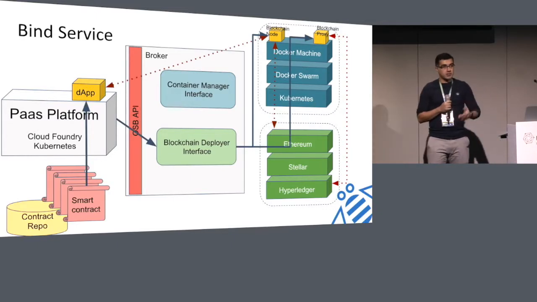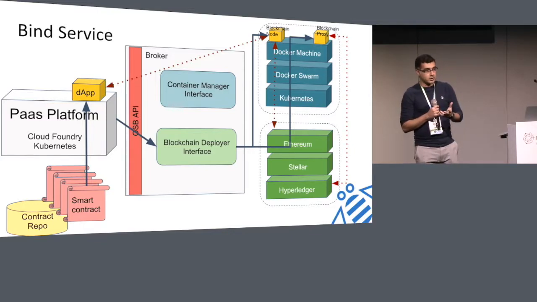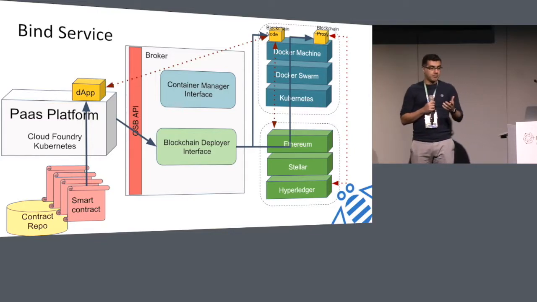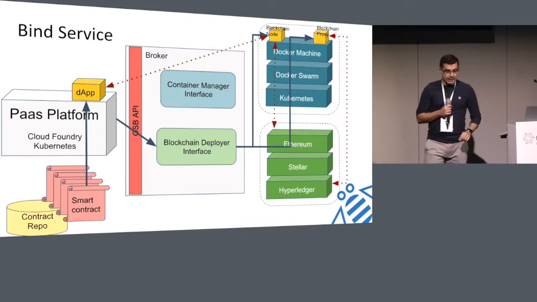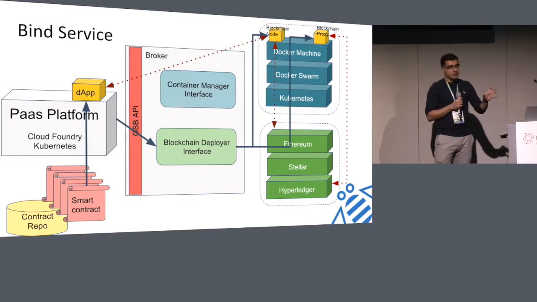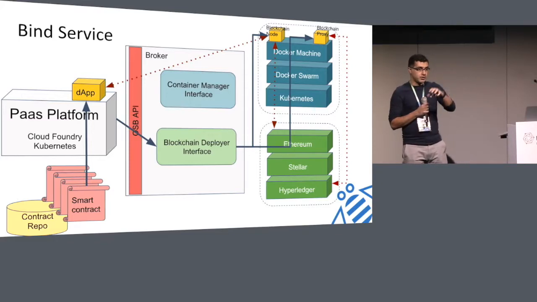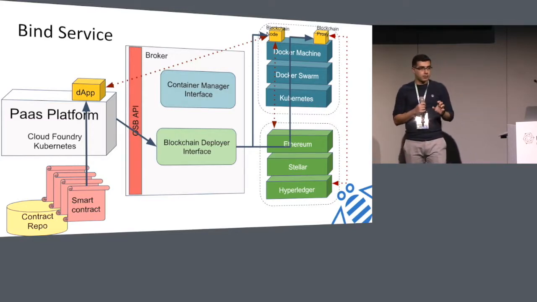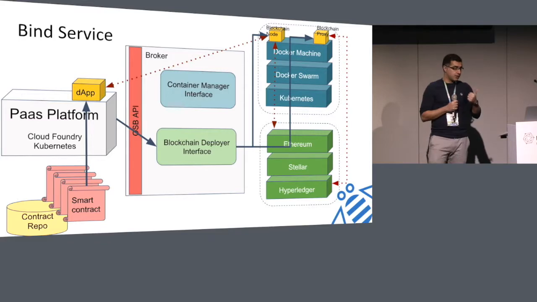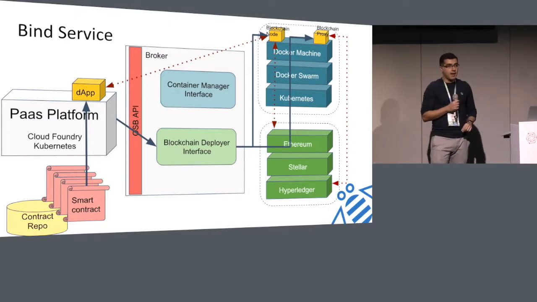The next step is to bind the service with a contract. The platform sends the contract information to the broker, with the information about which node the contract needs to be deployed to. At that point, the blockchain deployer takes the contract, goes to the node, whether it's the Geth node or the proxy, deploys the contract through the node into the blockchain network, gets the information for the deployed contract back from the network, like the contract address and some other information that it requires to connect to the deployed contract, and provides all of that information back to the application.